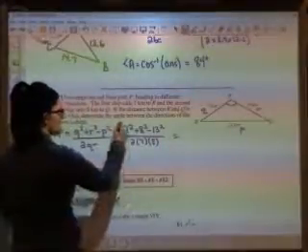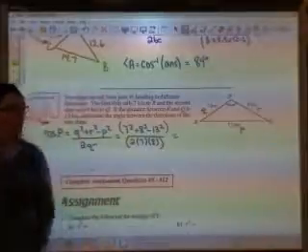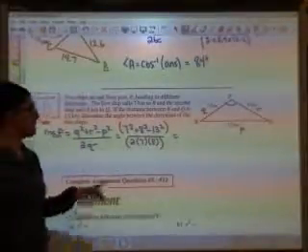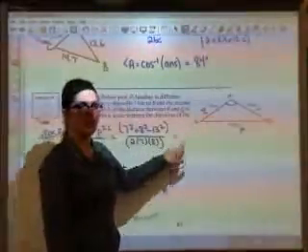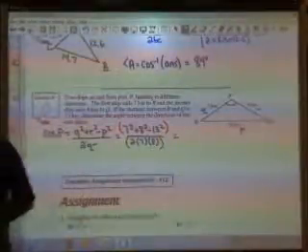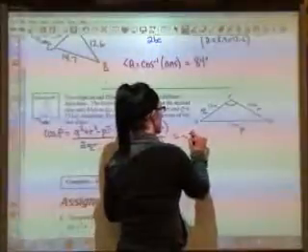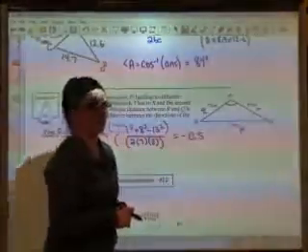Remember my brackets. Now, I should know whether or not I've done this correctly simply by the fact that cos has to be less than 1. So it has to be a decimal, 0 point something, or it could be a negative 0 point something. In this case, it was negative 0.5.